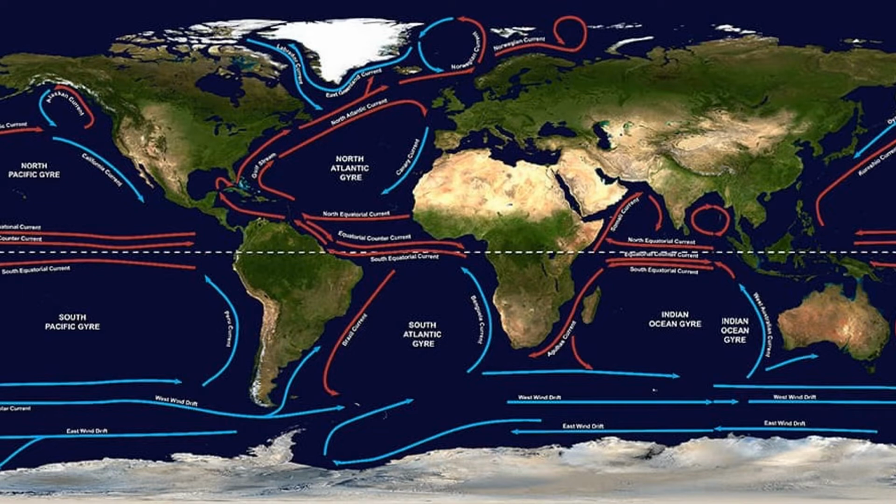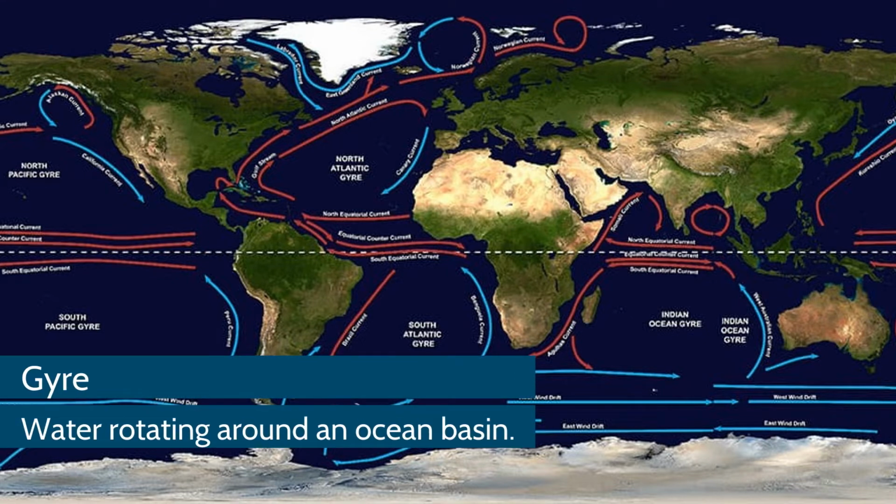So in each ocean basin around this subtropic high, because in the tropics the water is really warm, it forms a high pressure and it pushes outward, then the ocean begins to spin, and we call that, incidentally, a gyre.